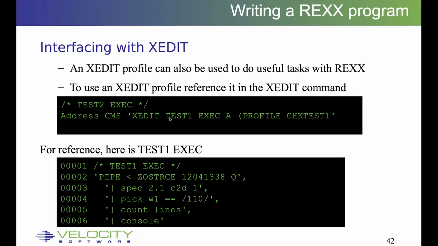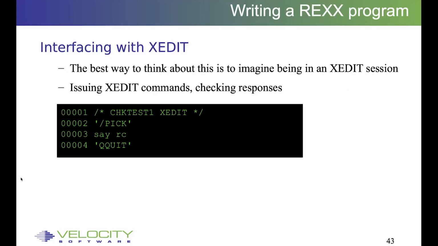So when I'm issuing this xedit command, I'm actually editing a real file, and the profile that I'm going to use is called check test one. And for reference, here is the test one exec that I'm editing. So this is the contents of the test one exec. This is what we used before to count the lines in this file of these 110 records. So it's the exact same file.